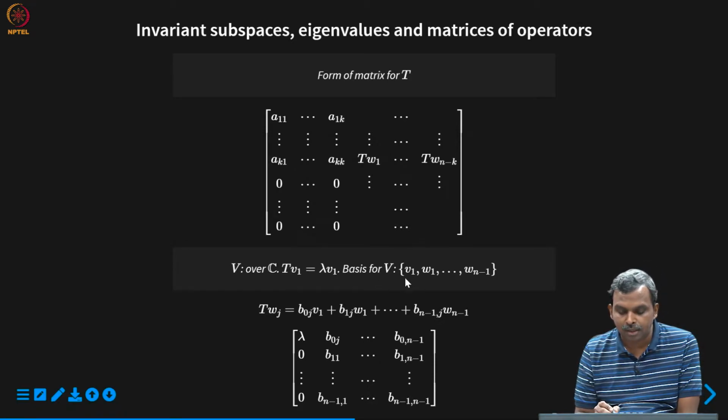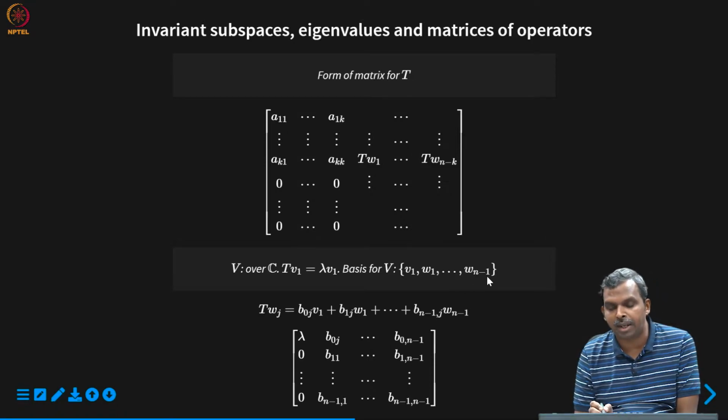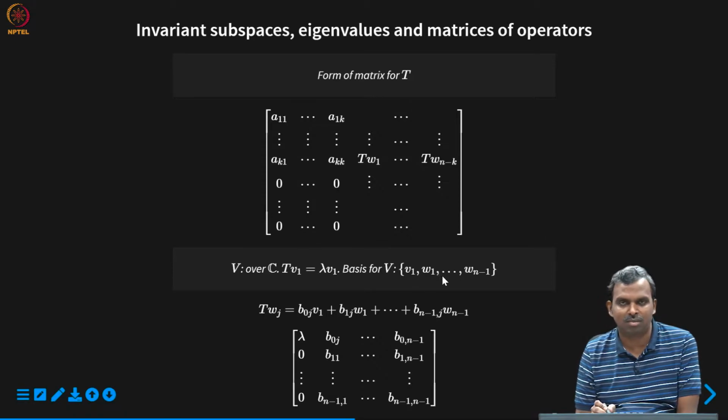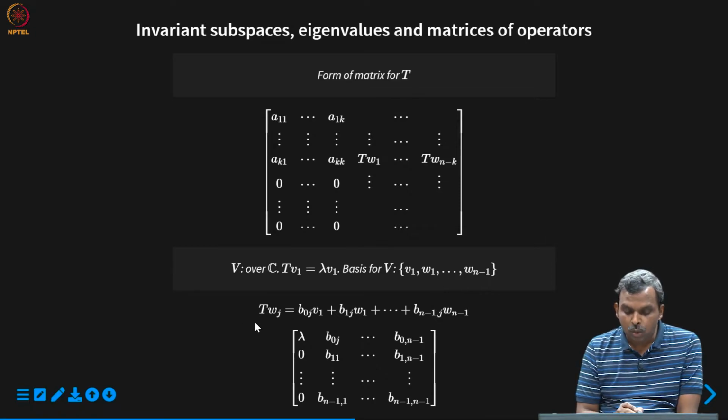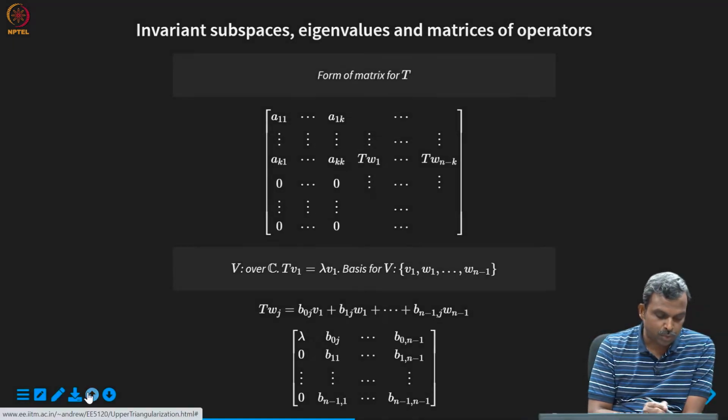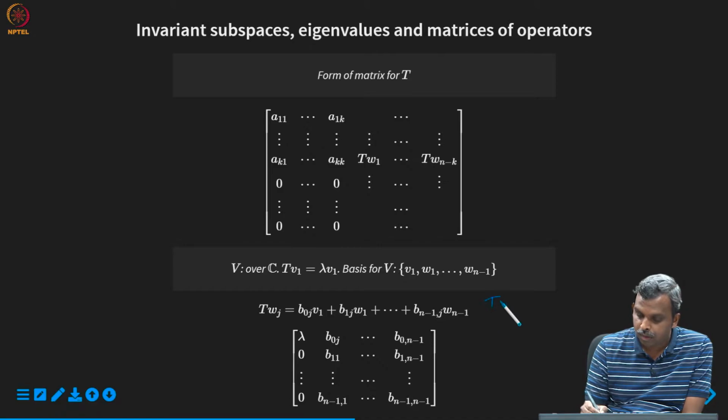You take the invariant subspace's basis V1 and then pick W1 through W(n minus 1) to extend it, or pick a W which will give you a direct sum with V, and you get a basis there. Now T times Wj will have something in V1 and it will have W1 through W(n minus 1) also. But what about T times V1? It will only have lambda times V1.